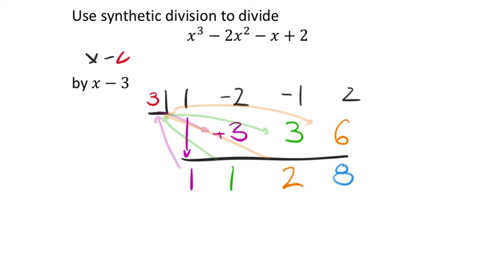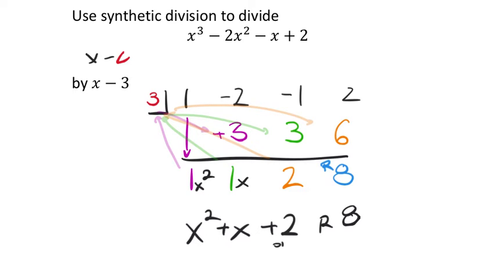So our final answer then, right, we know the 2 is constant. The 8 is a remainder. And then we just tack on x's as we go. So that's an x squared. I'll rewrite it. We got x squared, we got a positive x, and then a positive 2 with a remainder of 8.